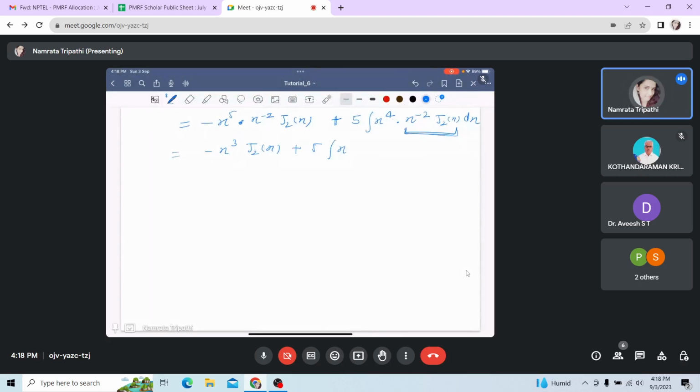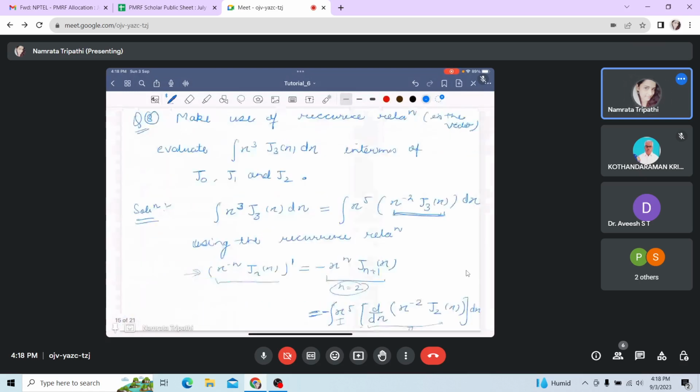So in the integration we have to remove this term. Again we'll use the same recurrence relation which we have already used in this step. Try to use this recurrence relation. Put n is equal to 1, then you will get the expression.